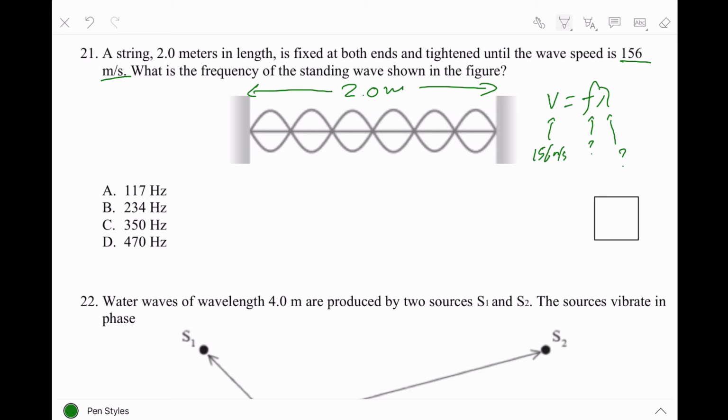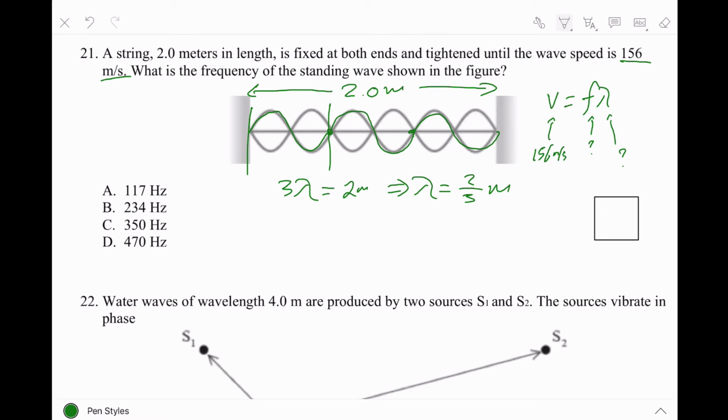From here to here is 1 wavelength, 2, 3. So 3 wavelengths is equal to 2 meters, so your wavelength is 2 over 3 meters.